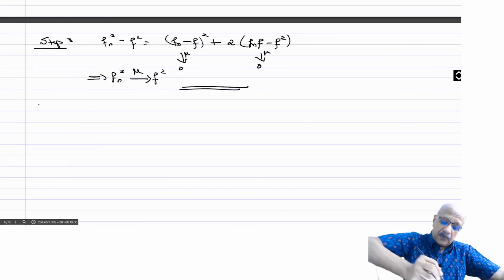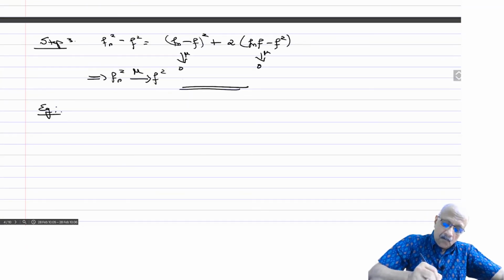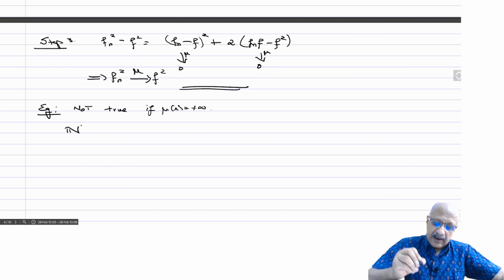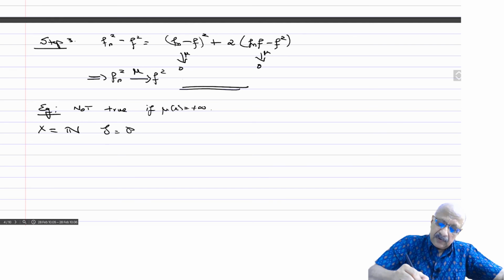So example: this is not true if μ(X) is plus infinity. Again you take the standard set X equals N, S equals power set of N, and μ equals counting measure.